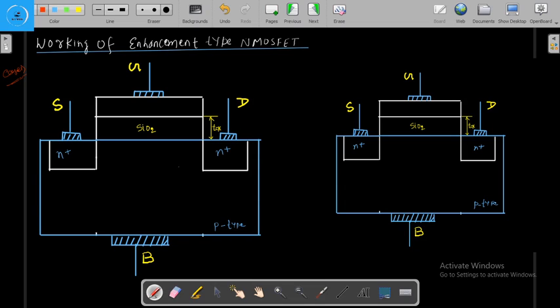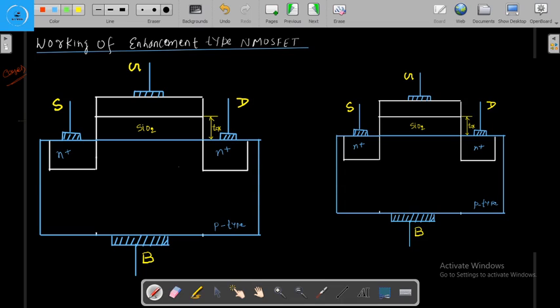So let's assume our first case. What we are going to do here is connect the body, or the substrate or the bulk, with the source. Now I am going to make the connection here.